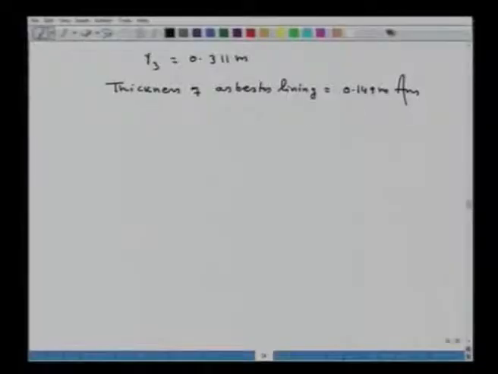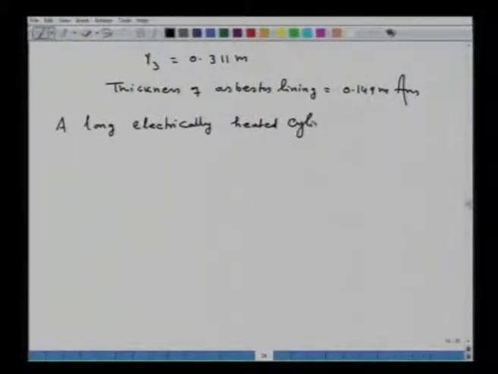Now let us take another problem. A long electrically heated cylinder, say 1 inch in diameter. Now I am illustrating a problem in British units.